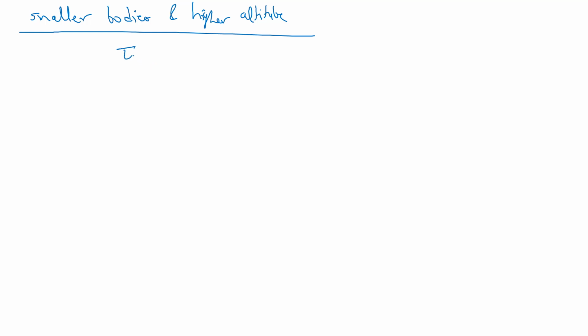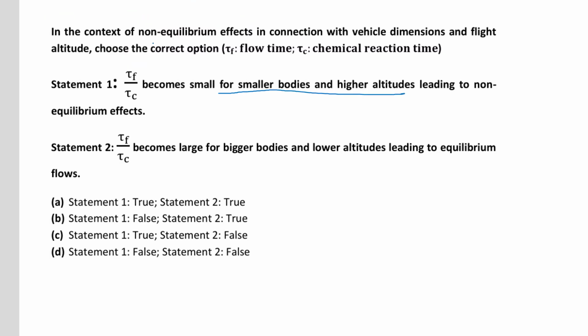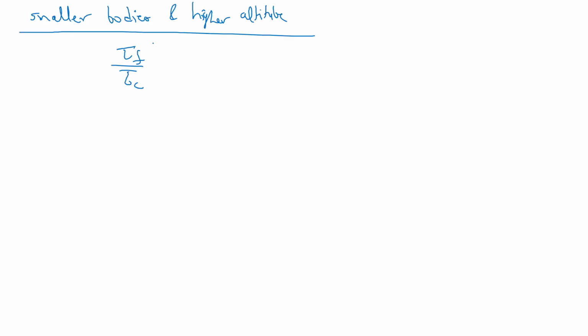It is the ratio between tau f and tau c. And tau f is the flow time. Flow time will depend on the characteristic length, and if the body is small, then the characteristic length is small. So this tau f will be small for smaller bodies, and for high altitude, density will be low.